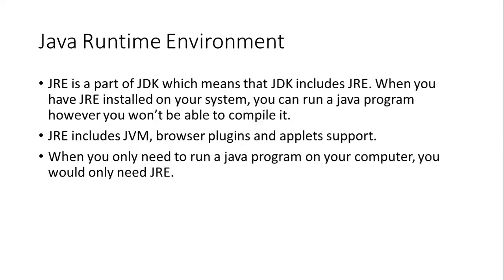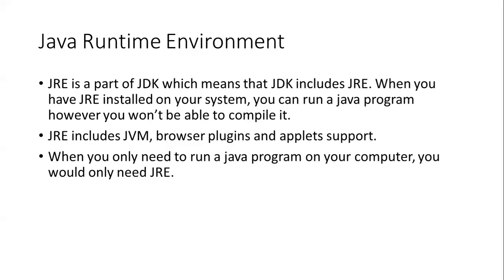In simple words, we can say the JDK contains all tools that are required to develop Java applications. Then another term is the Java Runtime Environment, also known as JRE. JRE is part of the JDK. As we studied in the last slide, the JDK contains the JRE, compiler, and other tools. So the JRE is part of the JDK, which means the JDK includes the JRE.